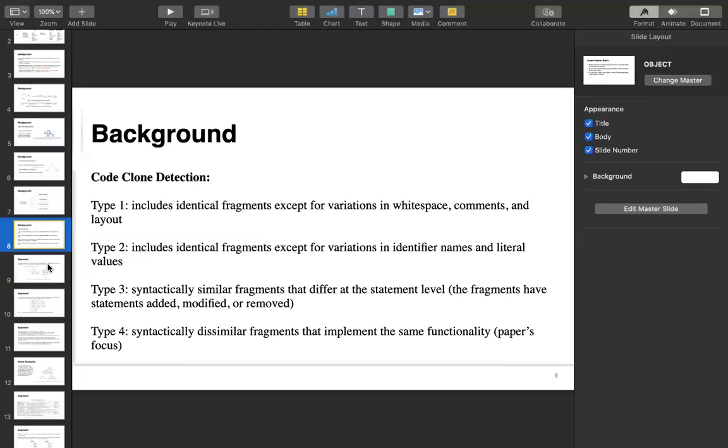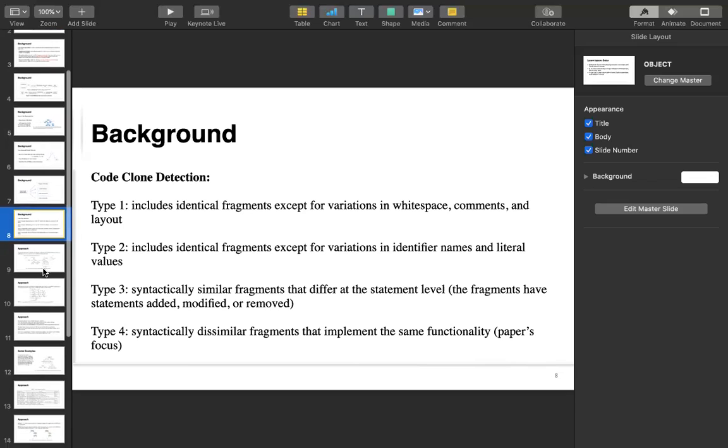The third type is that the two codes are syntactically similar but differ at the statement level, like the fragments have statements added, modified, or removed. And the fourth type is that they are not similar, but their functionality is the same. And the paper focused on the last type of code clone detection task.